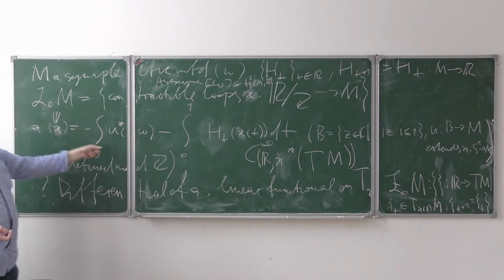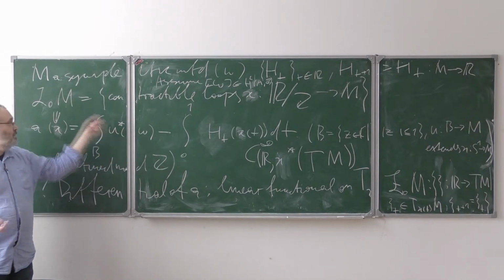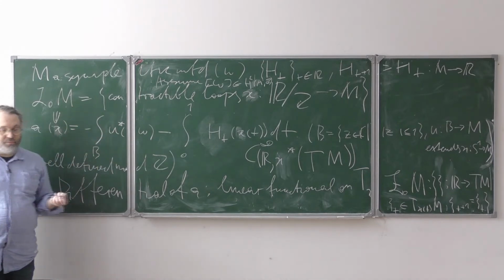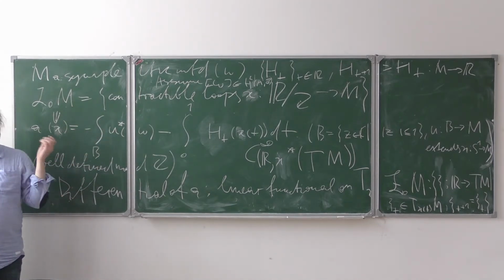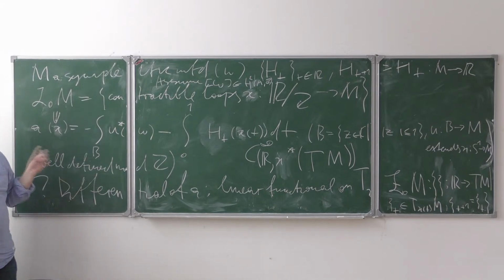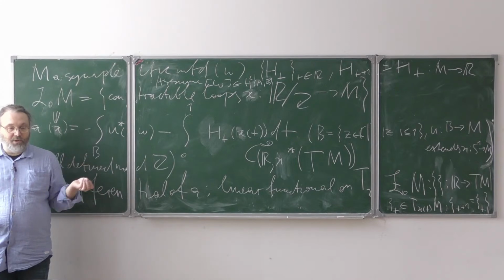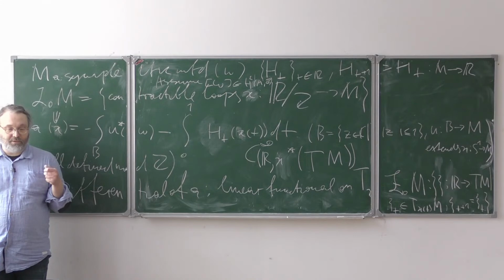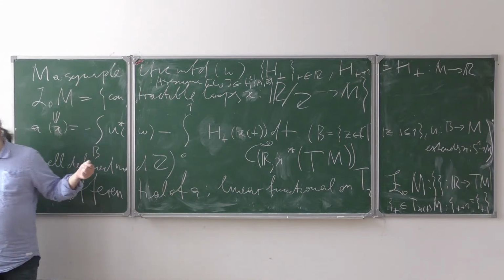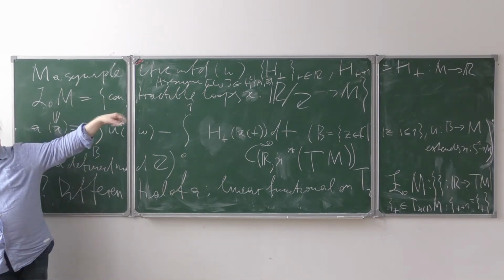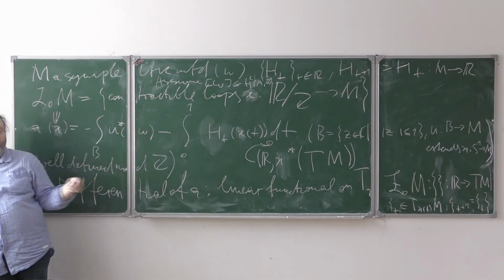If we prove that L naught is a Fréchet manifold, it will also be a Banach manifold. And moreover, it turns out that topologically we could do even better. Fréchet manifolds and Hilbert manifolds topologically are the same.